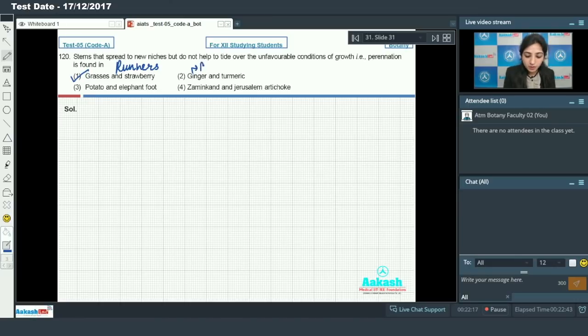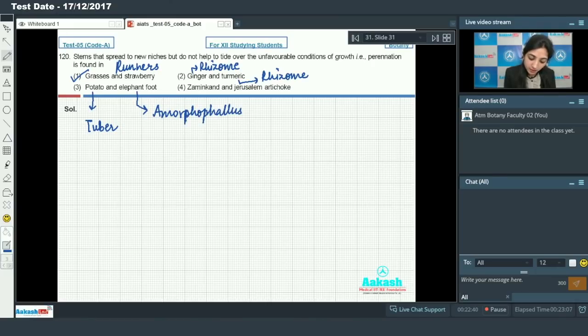In ginger, the modification of stem is rhizome. In turmeric, it is rhizome. In potato, it is tuber. In case of elephant foot yam, it is Amorphophallus. Now what is Amorphophallus?